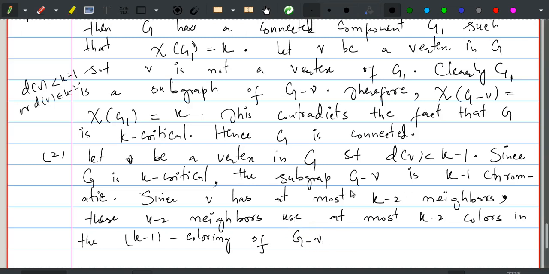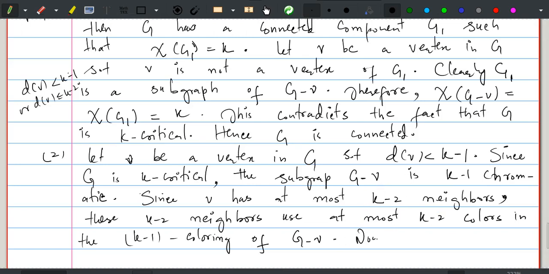So this is our assumption. Our graph G is k critical, that means G minus v is k minus 1 chromatic. So among these k minus 1 colors, k minus 2 colors are used by the k minus 2 neighbors of v. Now let us color this vertex v with another color.